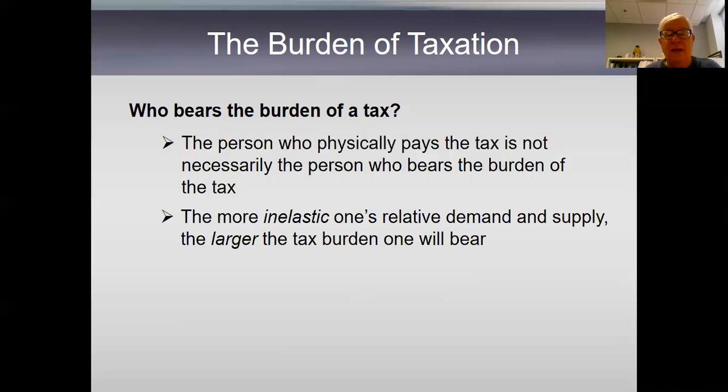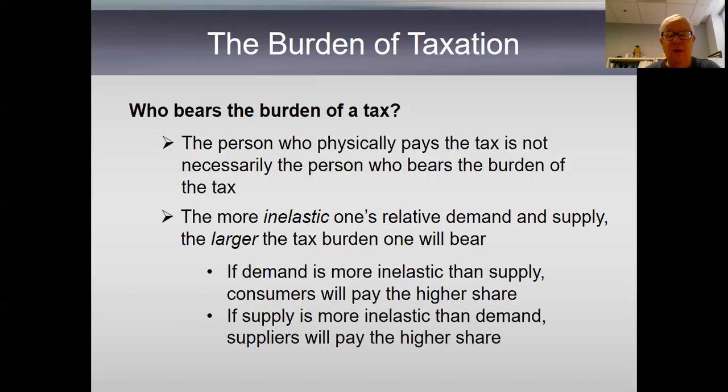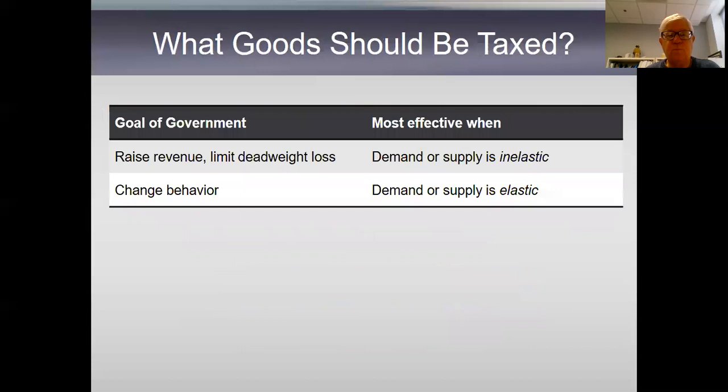Basically, the more inelastic one's demand or supply, the larger the tax burden that you will bear. If demand is more inelastic than supply, consumers are going to bear the higher share. On the other hand, if supply is more inelastic than demand, suppliers will pay the higher share.